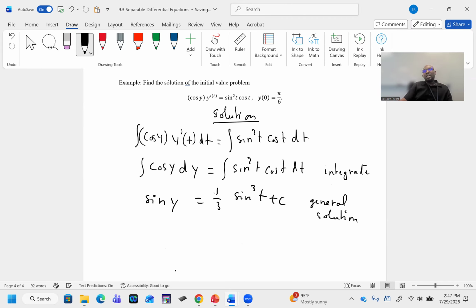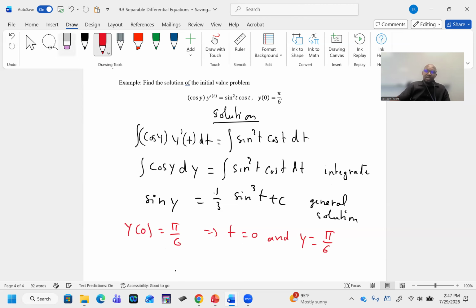So now to find the initial solution, we know the initial condition said what? y of 0 is equal to pi over 6. So this means t is equal to 0 and y is equal to pi over 6.